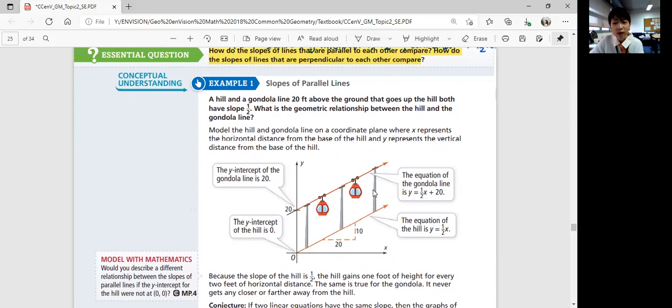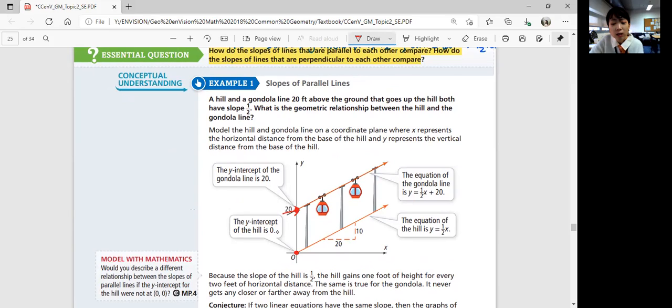So you have a gondola in the graph here, and the horizontal distance where it's hanging is where you're starting from. That is your y-intercept, right? Because the line intercepts the y-axis. Y-intercept of the hill, though, is going to be 0 at 0, and then it starts going up.